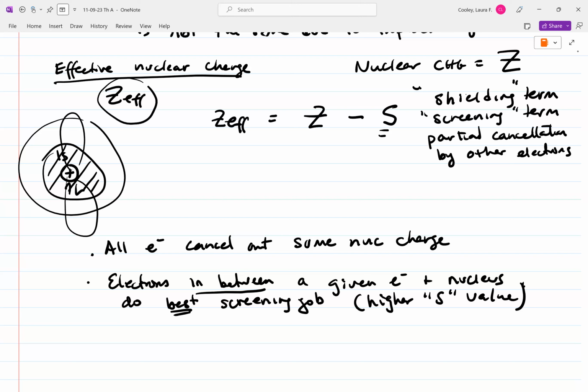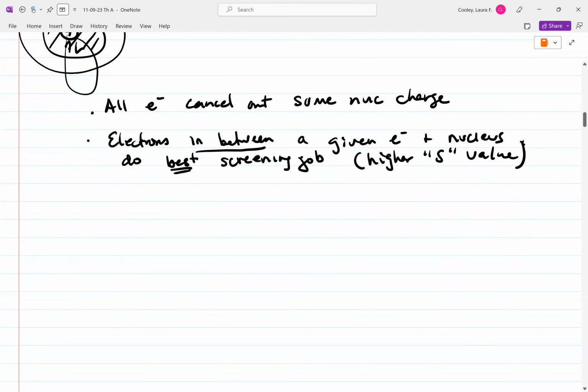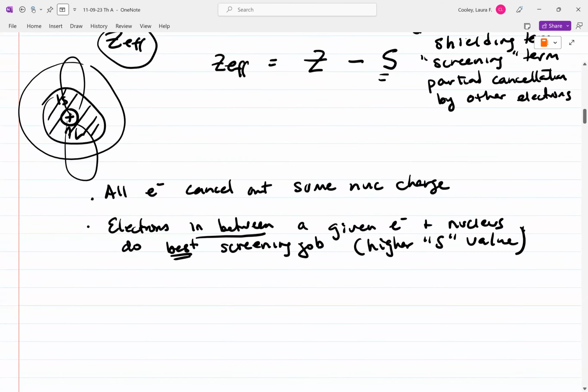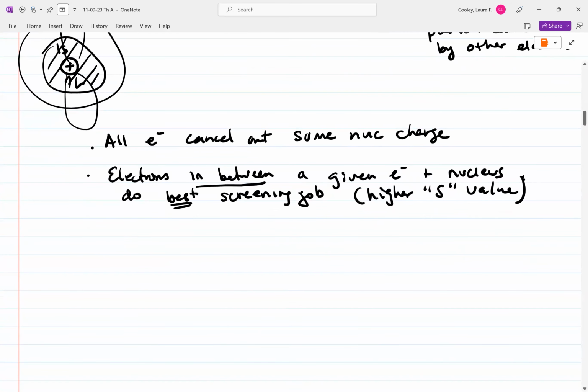So what does that mean as far as the 2s and the 2p, and which of those fills first? It turns out that, because of this, I'm going to show you a picture to show you why, the 1s electrons actually do a better job screening the nuclear charge from the 2p than from the 2s. So the 1s electrons screen 2p electrons more effectively, and it's because of the shape of the orbitals.